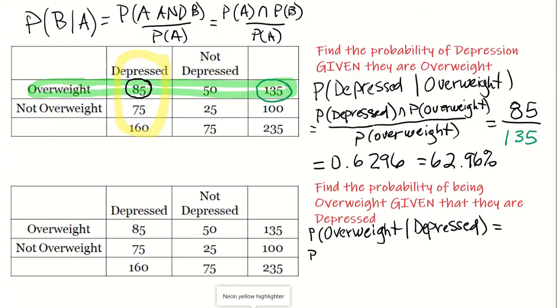So that is the probability of overweight intersecting the probability of depressed, all divided by the probability of being depressed.